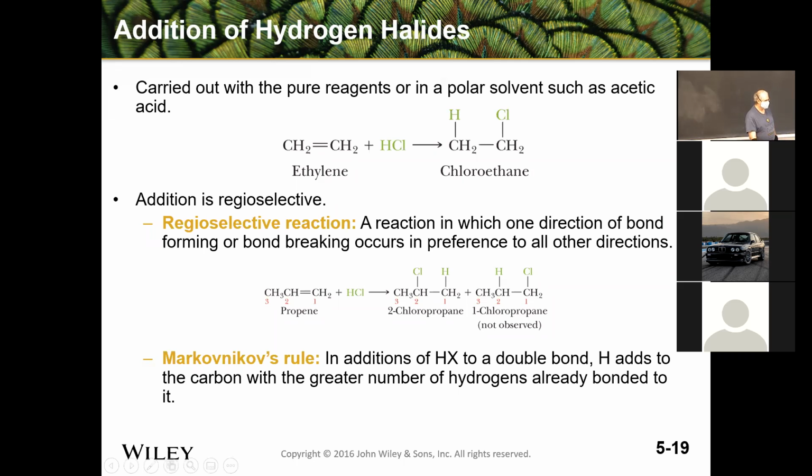But with propene, this is regioselective. Propene is unsymmetric. We've got a CH2 on one side, and then we've got an H and a methyl on the other side. Our product is 2-chloropropane and not 1-chloropropane, so a particular positional isomer is favored.